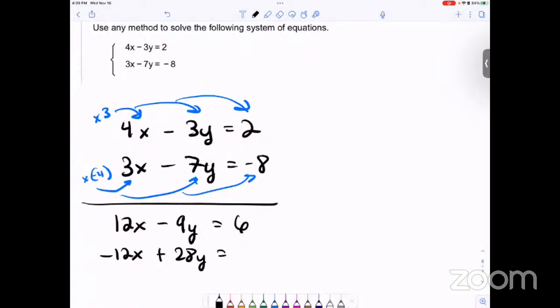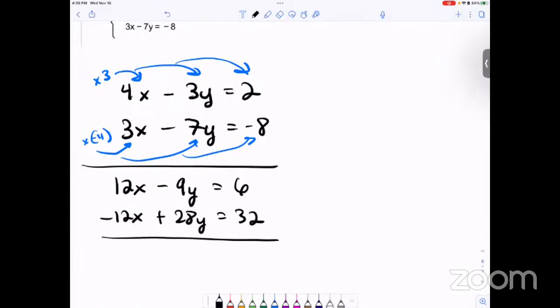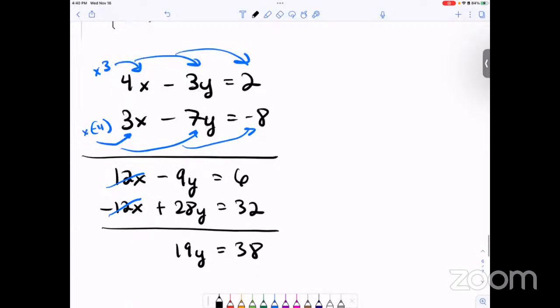Okay. So now when we add these two equations together, a number plus its opposite adds to 0. That's 19y equals 38. So then y equals 2.